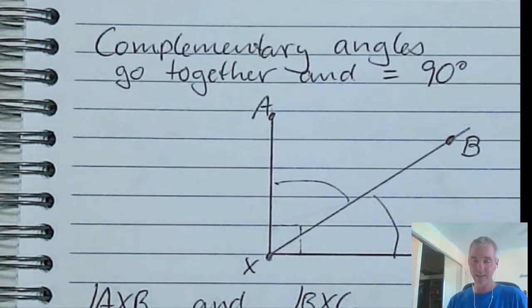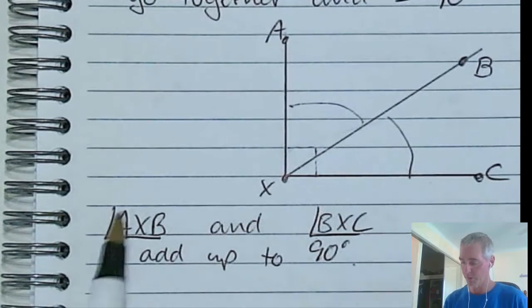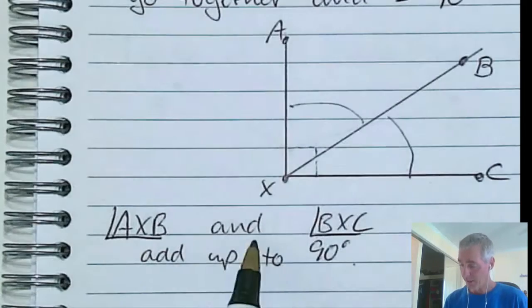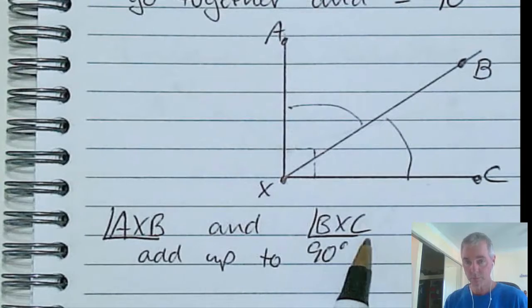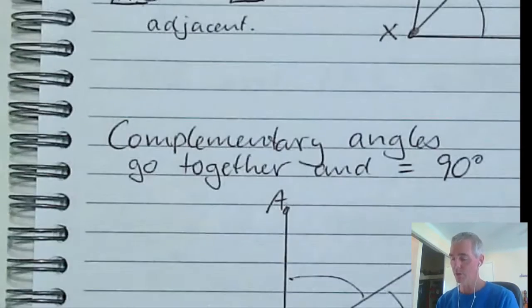They add exactly to 90 degrees. This doesn't always happen, but when they do, they're complementary. So angle AXB and angle BXC add up to 90 degrees. That's important. The name of those, complementary.